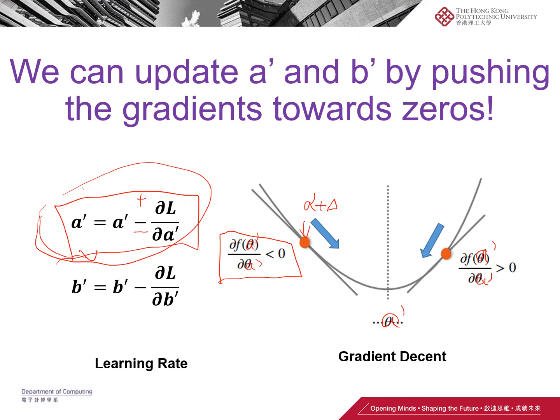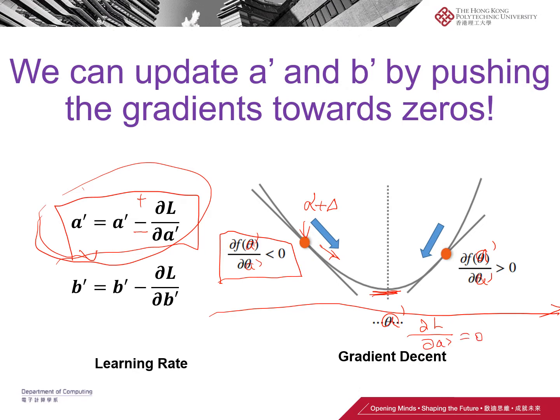That means it will go in this direction, and by gradually doing that, we will finally reach here, where the partial derivative of L to the A prime equals 0.